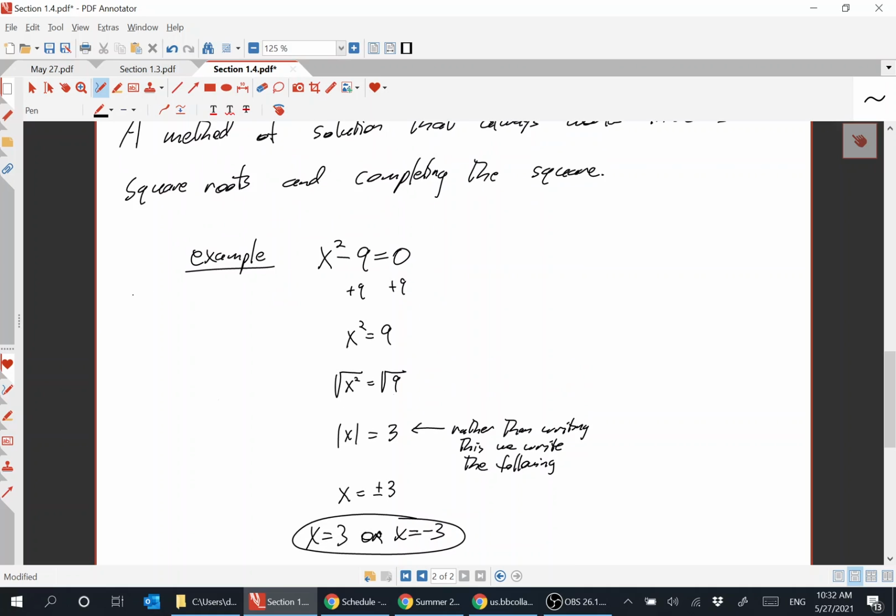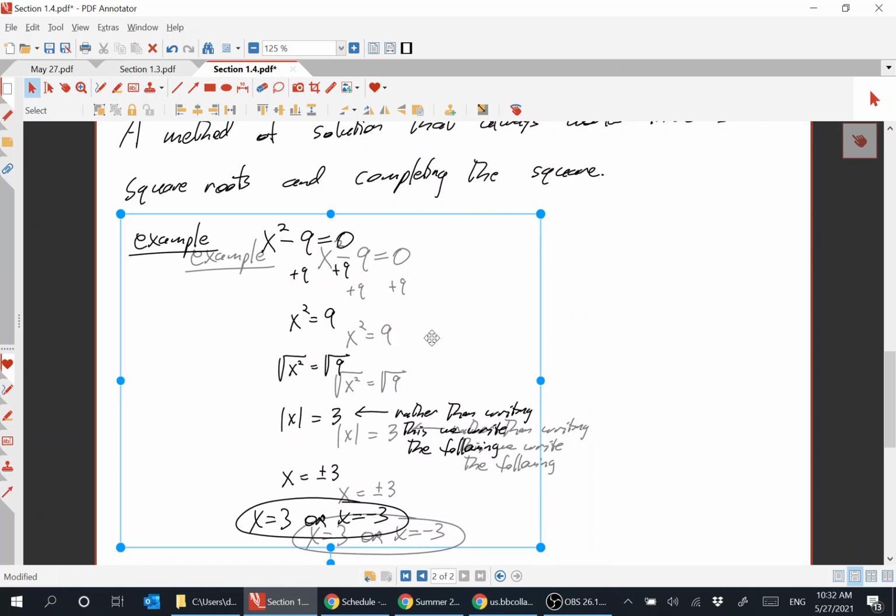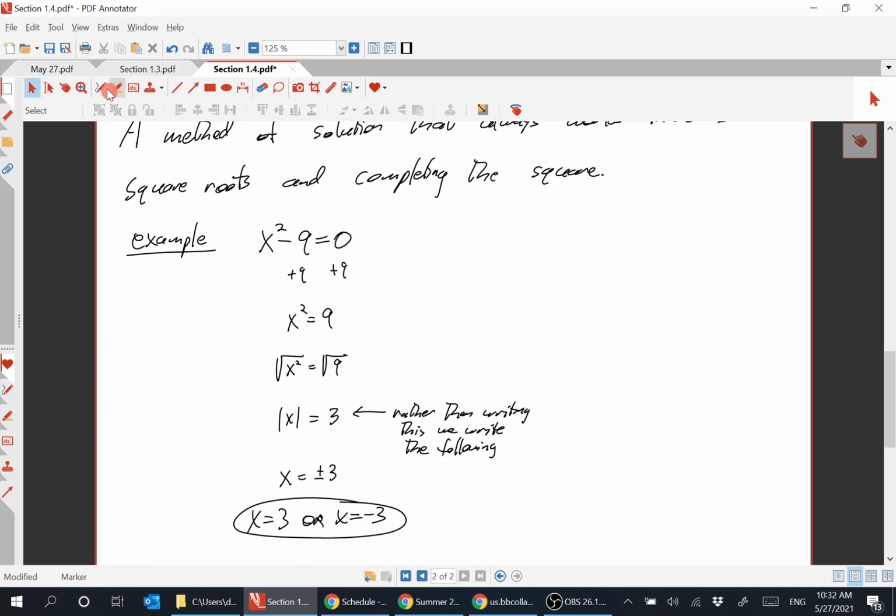So that's an example. Here's another example, and this one's important. X squared plus 9 equals 0.